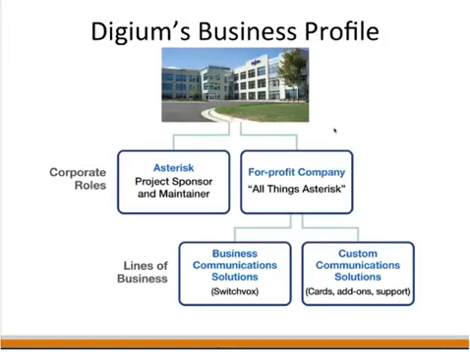It's the Bluetooth, the GPS, the DVD player, the leather seats, the air conditioning, the airbags, everything that makes a phone system easy to use, and gives it features that make you more productive and more efficient. We also have what we call custom communication solutions, which are the cards and add-ons that support the Asterisk project.